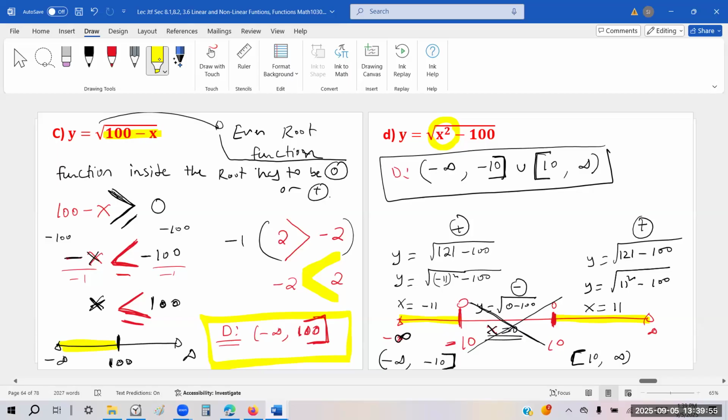But if you have a square inside the radical, you're supposed to have 2 numbers. Anytime you have more than one number, you use the number line to check which interval gives us a positive result. Okay? For some reason, people love this. So you may see this type of question in the final.